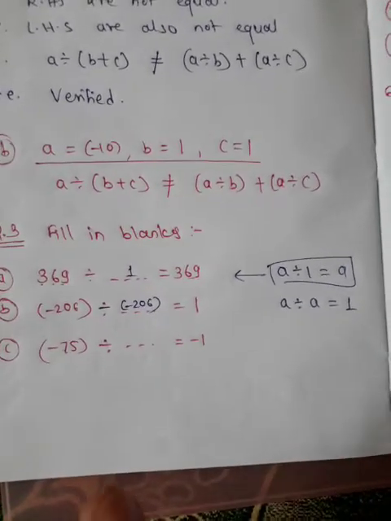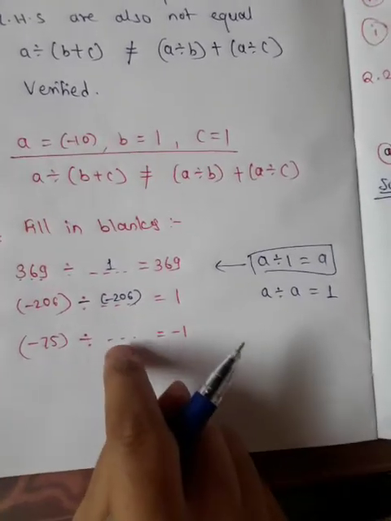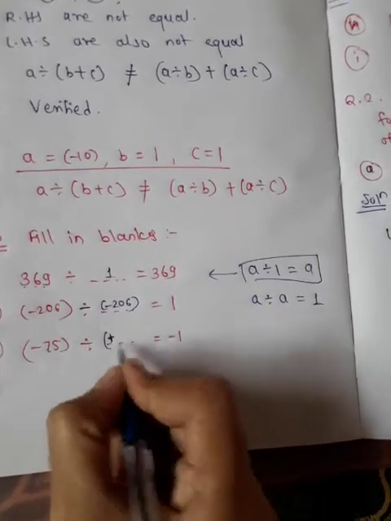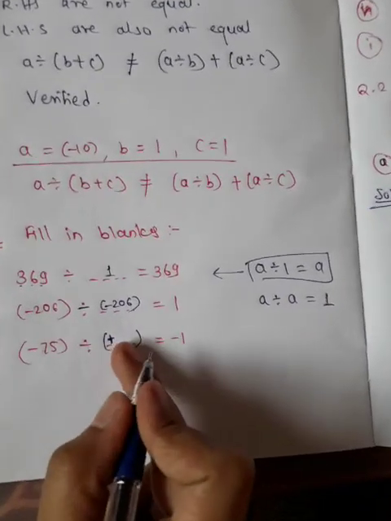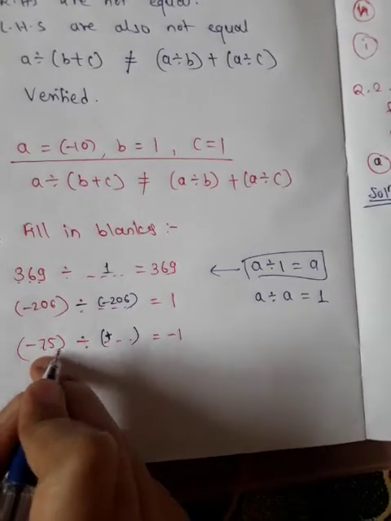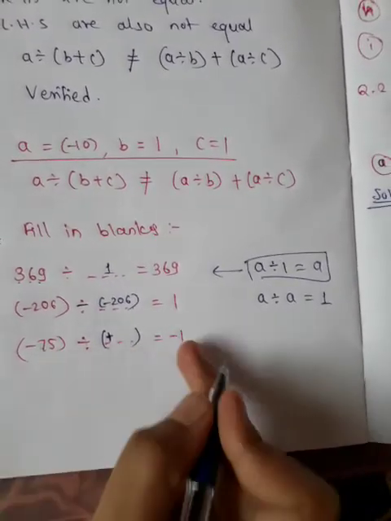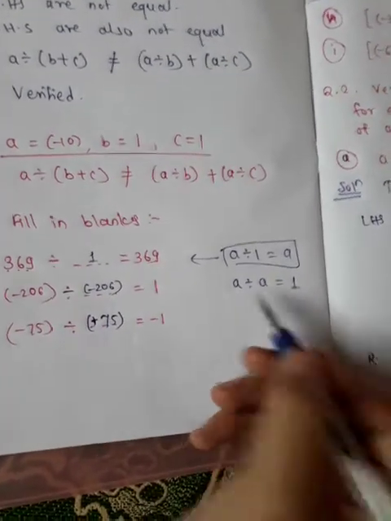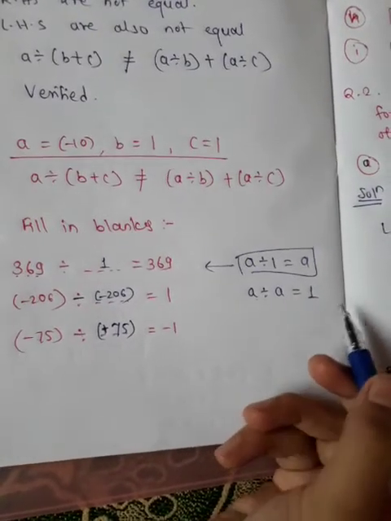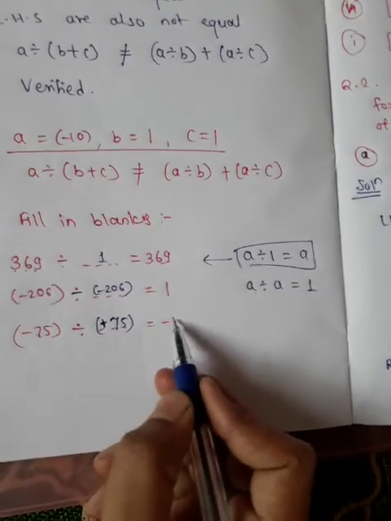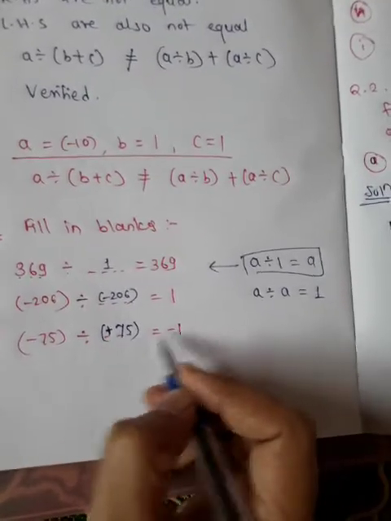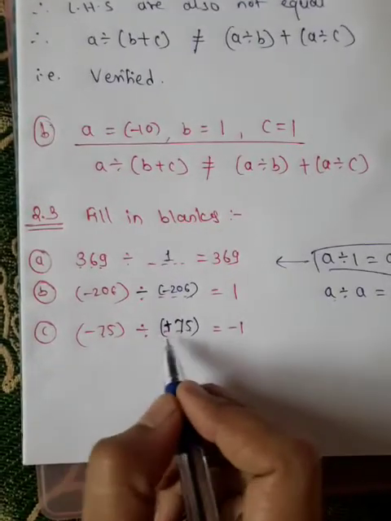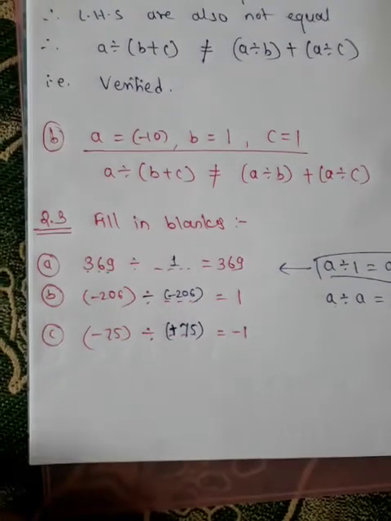So first you have to decide that we have to divide by a positive integer. And what is that positive integer? What integer, when we divide 75 by it, gives 1? We know that when we divide an integer by itself, it gives 1. So we have to divide 75 by 75 to give 1. But for the sign we must take plus 75. So minus 75 divided by plus 75 gives you minus 1.